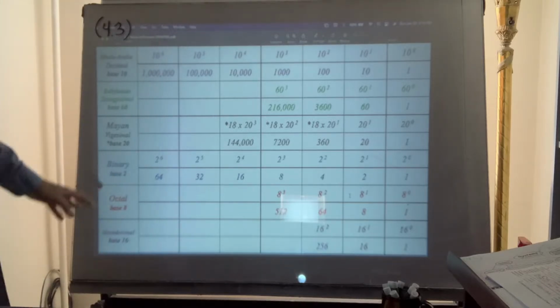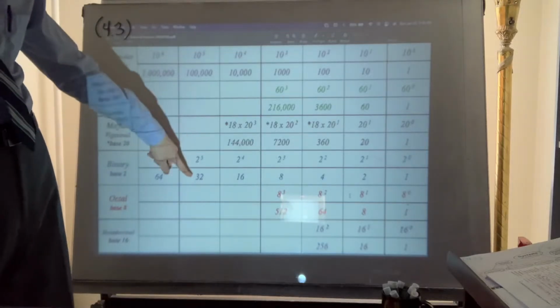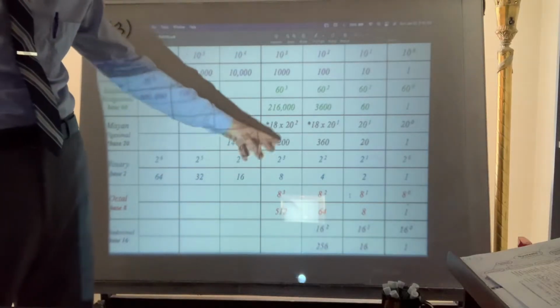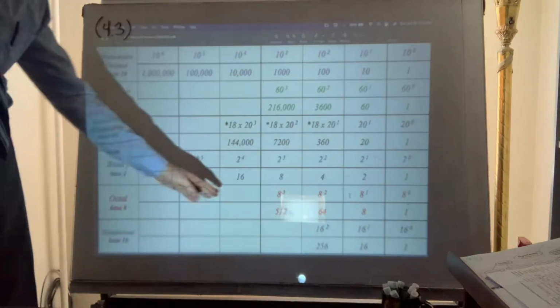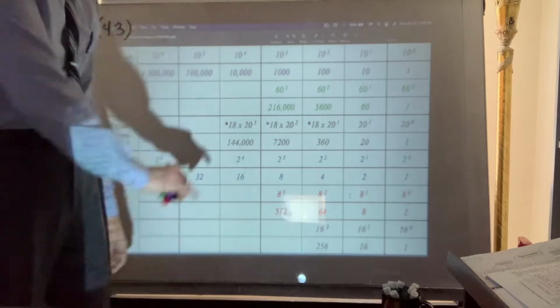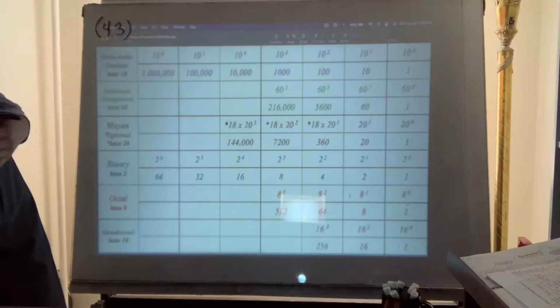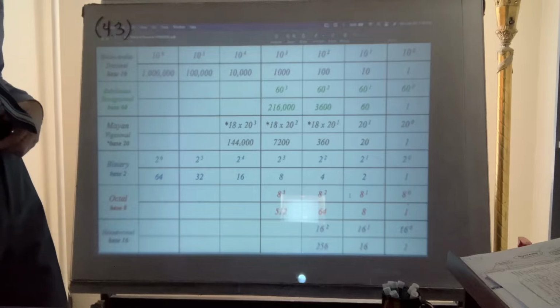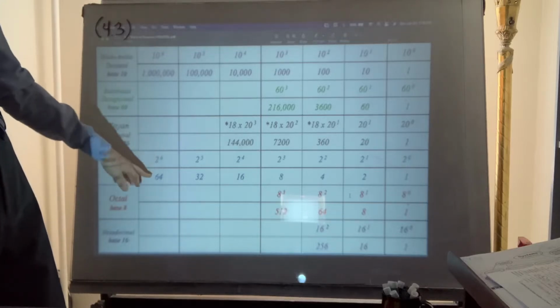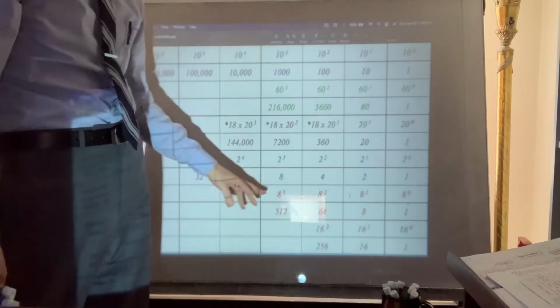All right. Firstly, binary. 2 to the 6th is 64. 2 to the 5th is 32. 2 to the 4th is 16, and so forth. I didn't do these other ones that are beyond them because I left you some work if you want. I'm sorry, not to belabor you, but it's really 2 to the 6th that you're probably more likely to use, not 8 to the 4th.